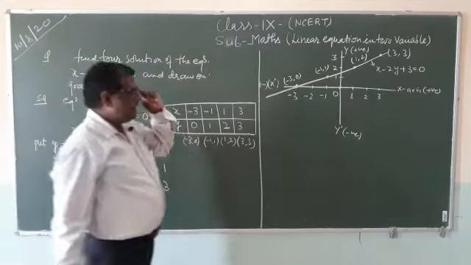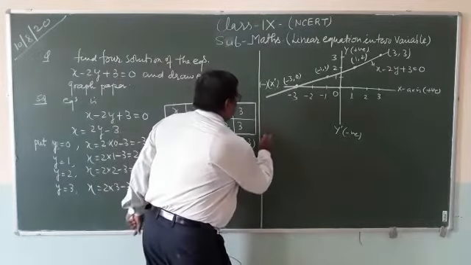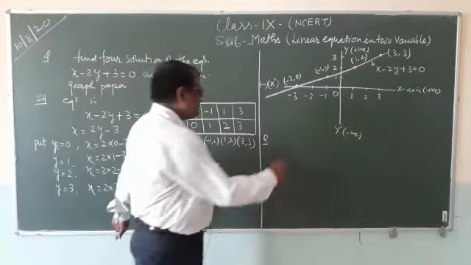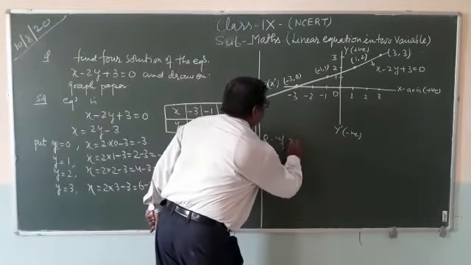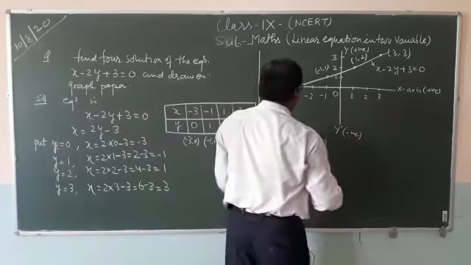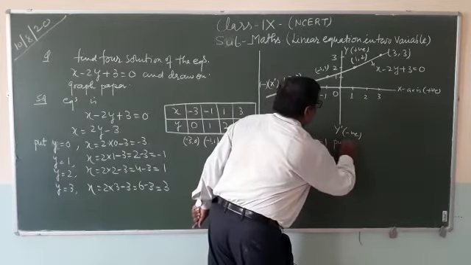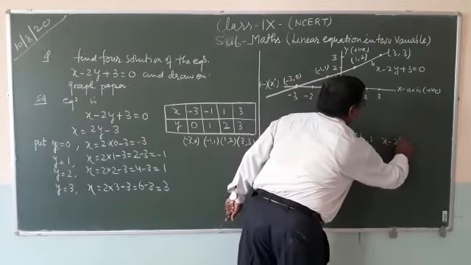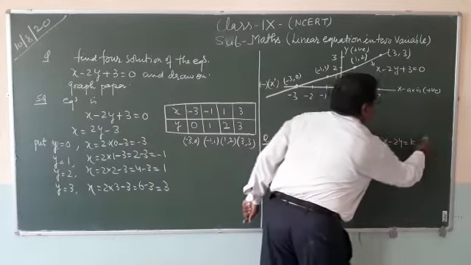Now another question: if x is equal to 2, y is equal to 1 is put in the equation x minus 2y is equal to k, then find k.